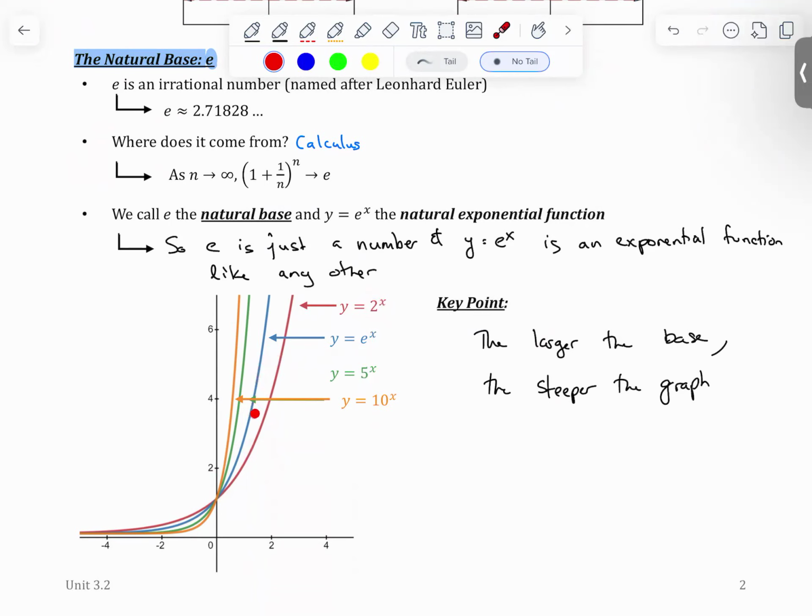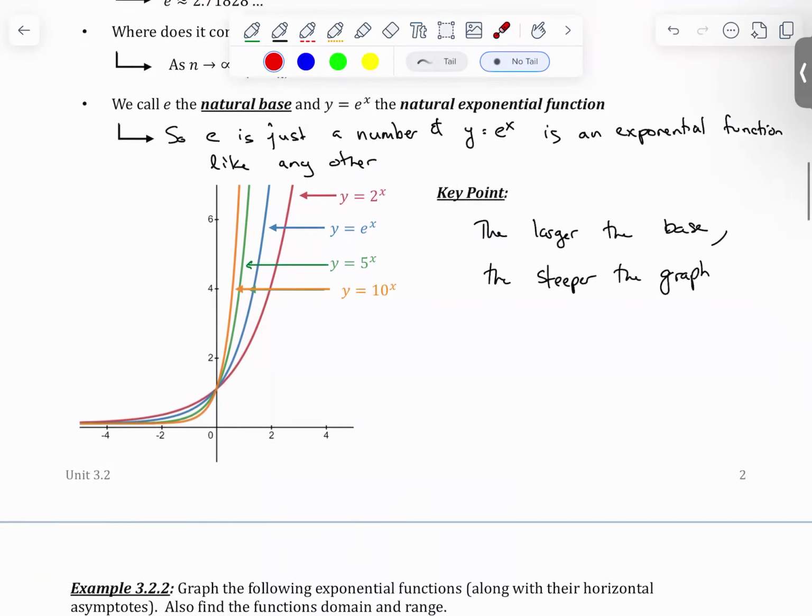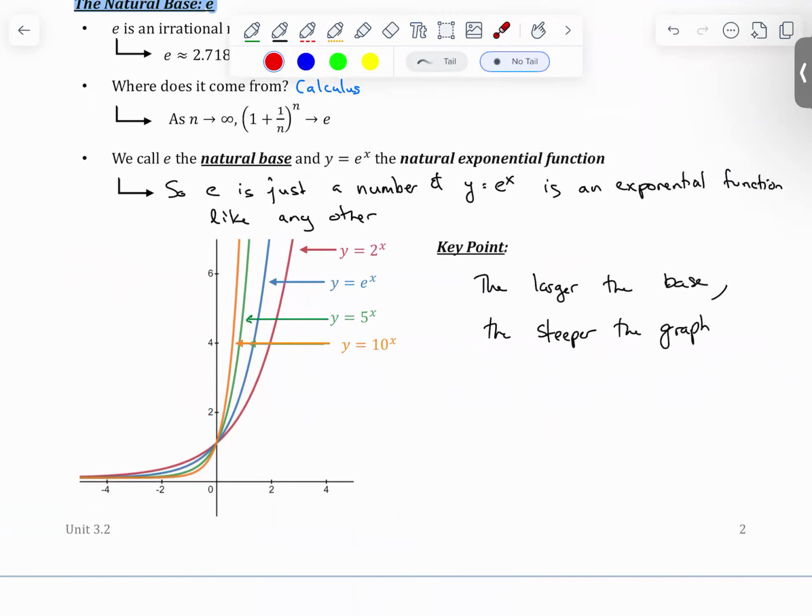Oh, and that's also a little typo, the green arrow of y equals 5 to the x got hidden behind. It'll be fixed when you get to see it. There's the green arrow, it's hidden behind the orange one. Oh well. But you'll see that it's in between those two because its base number is in between the two. And that'll do it for this one, and I'll see you guys on the next one.